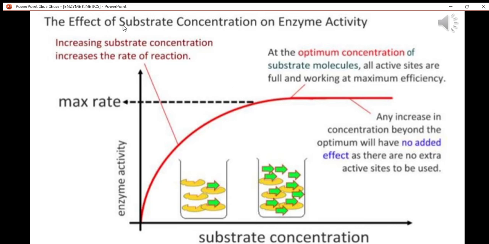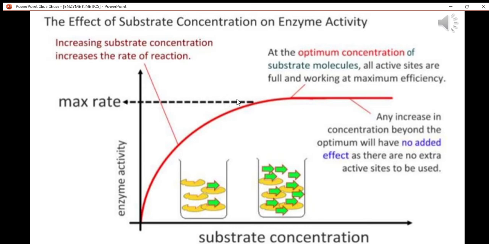A typical Michaelis-Menten plot is shown here. You can see it's a rectangular hyperbola. The graph has typically two regions. In the initial region, you can see on the x-axis the substrate concentration is increasing, and correspondingly the enzyme activity, the velocity also is increasing on the y-axis.